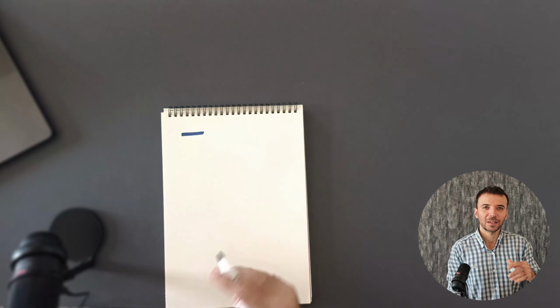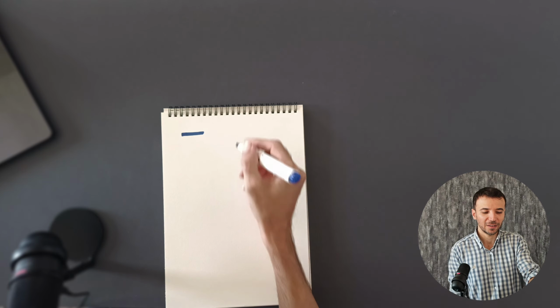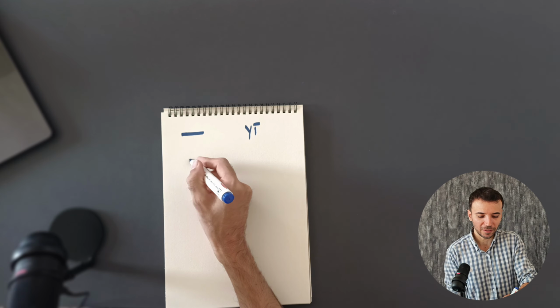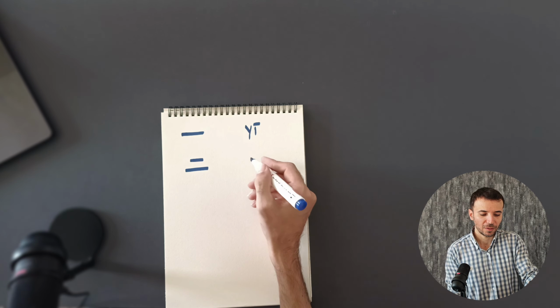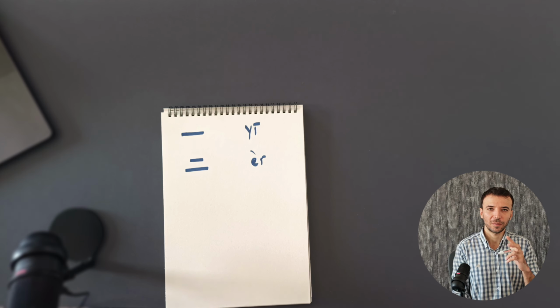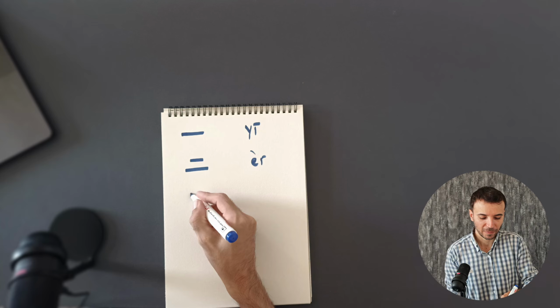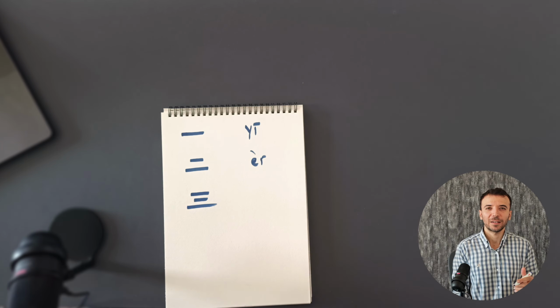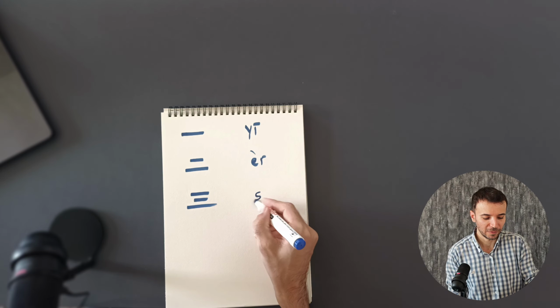In the previous lesson, we learned 3 Chinese characters, the 3 easiest Chinese characters: 一, number 1, 二, number 2, and 三, sān, number 3.